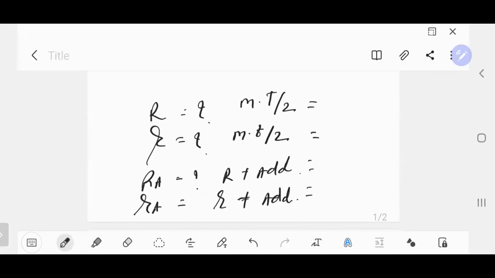Capital R, that is equal to M into T divided by 2. M, that is 6. Capital T, 49, divided by 2. Okay, Harsraj Singh Rathod. Let us check the answer.